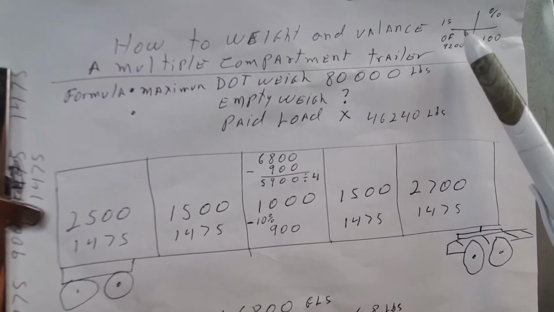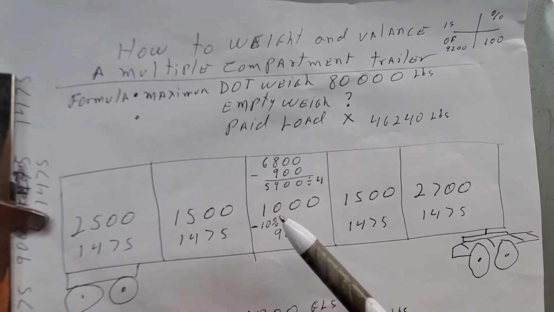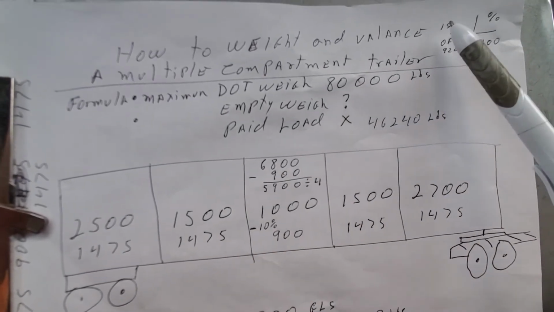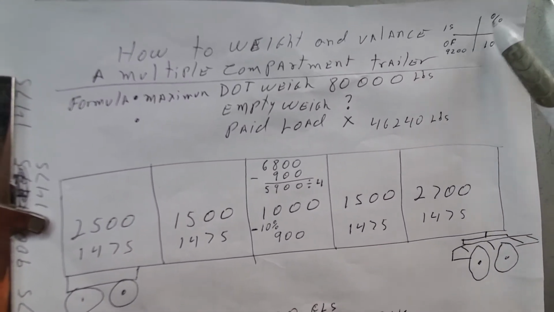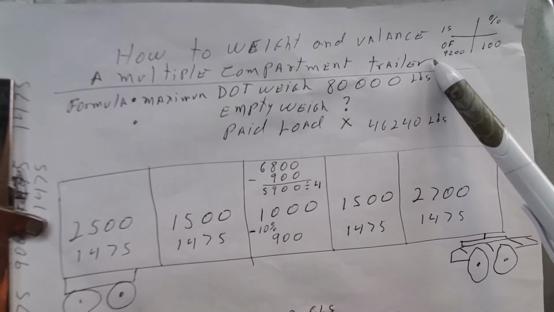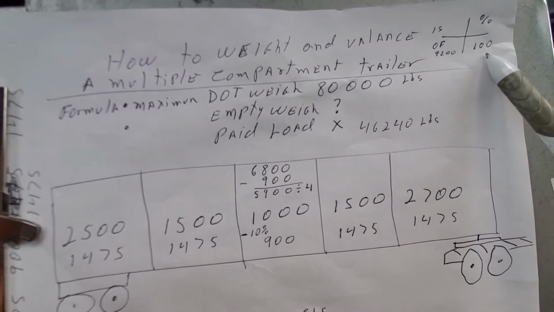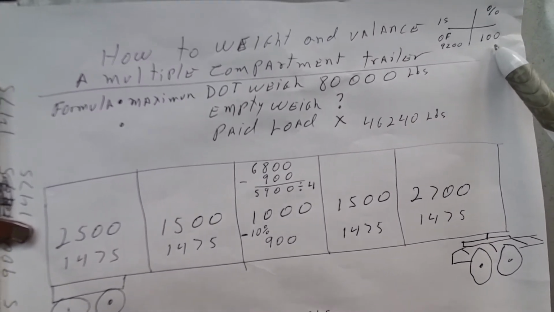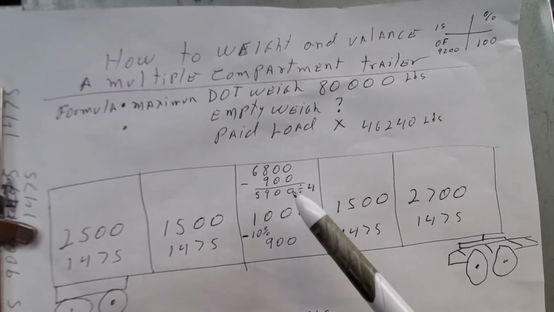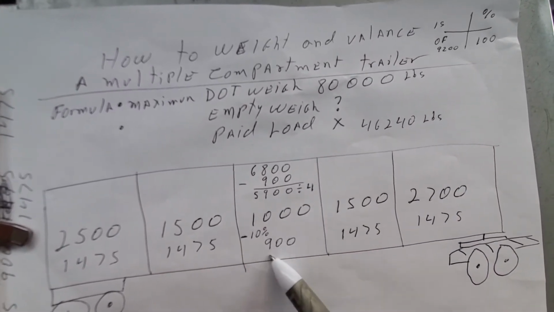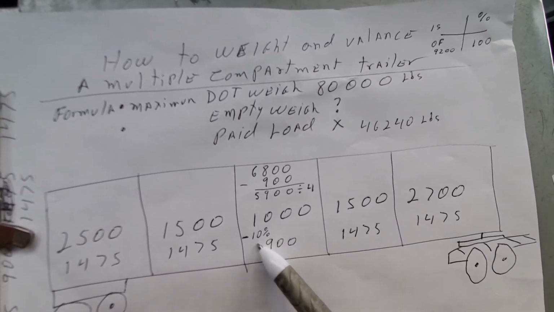So you do your percentage formula: 1,000 gallons is what percentage of 9,200? You multiply 1,000 by 100 and divide by 9,200, and that will give you the 10 percent on the tank.